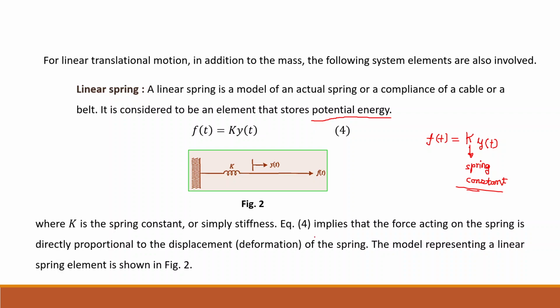It shows the stiffness of the spring, or the amount of deformation it can take to store some amount of energy. So this is the model of a linear spring, and this is the expression where the displacement and the force are proportional to each other.